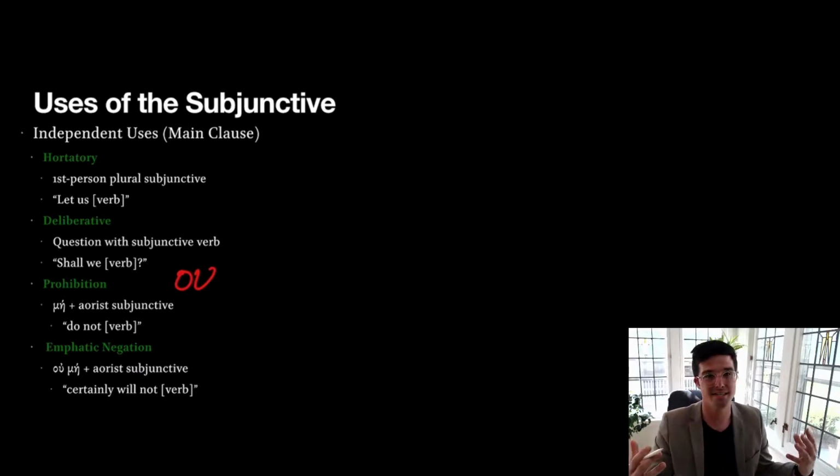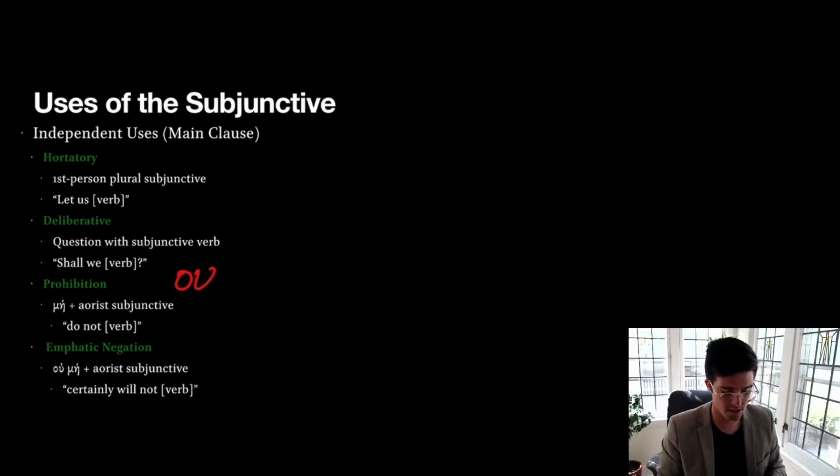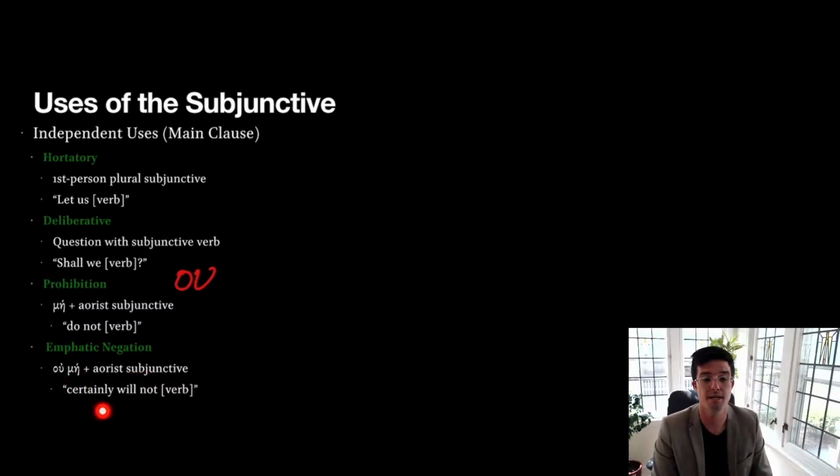That's not the case in Greek. Greek likes to be repetitive in some respects, and so piling on multiple negative particles is a way to really emphasize that action should not happen. So ou mē plus the aorist subjunctive is going to be "certainly I will not, you will not, they will not." It's a strong way to negate a sentence in Greek.